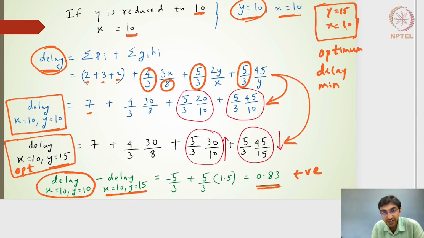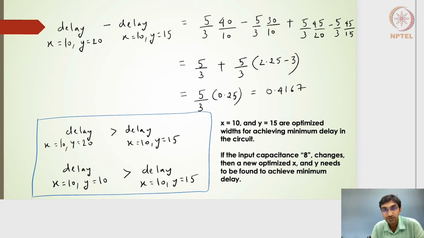So y is equal to 15 and x is equal to 10, which we were claiming is an optimum size, which we were claiming gives the minimum delay, turns out to be true. If I use a different gate size, if I use y is equal to 10, it turns out to be giving a slightly more delay. Right? Hope you have understood this.